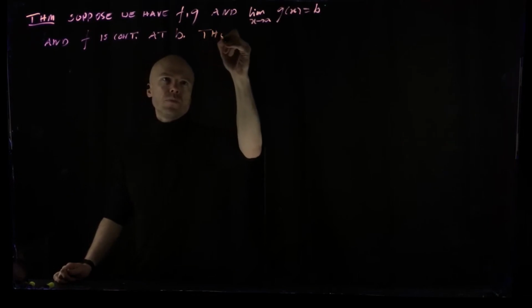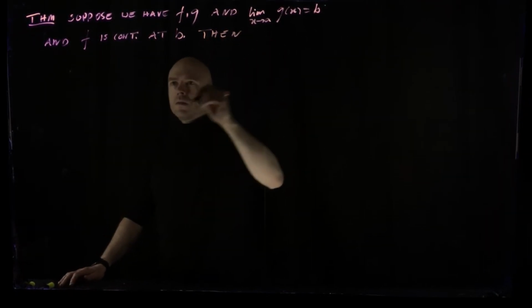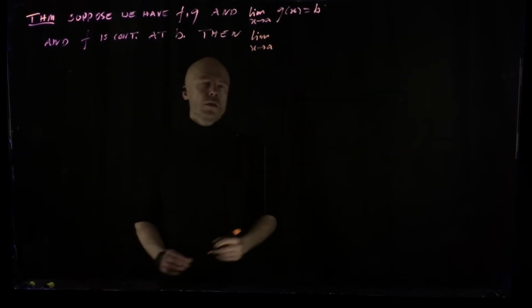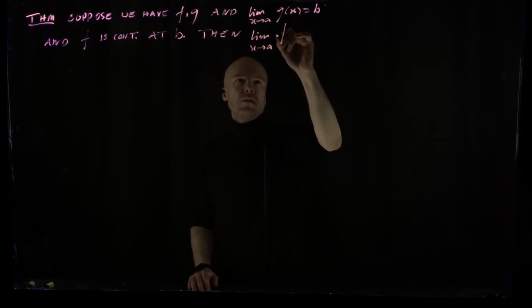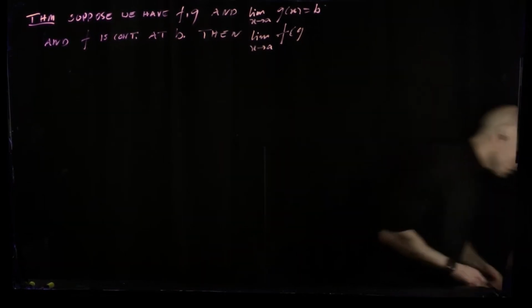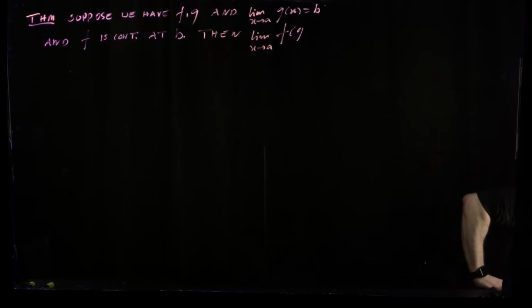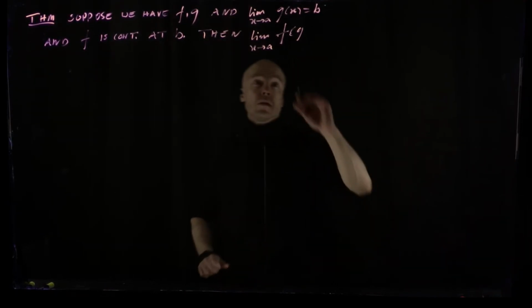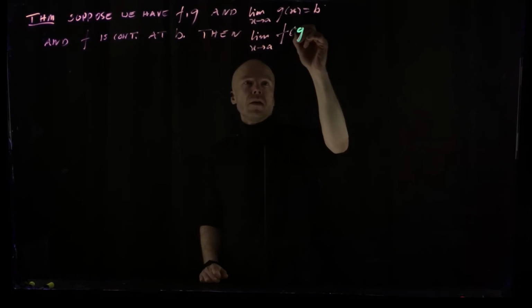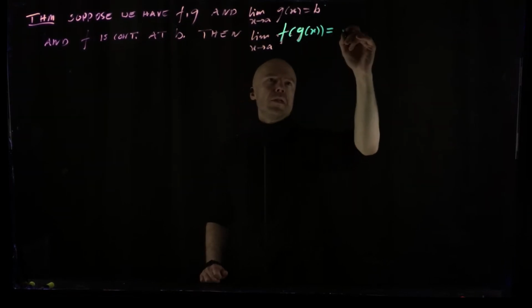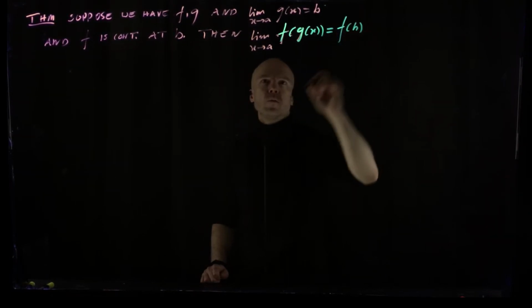Then the limit as x approaches a of f of g of x is equal to f of b.